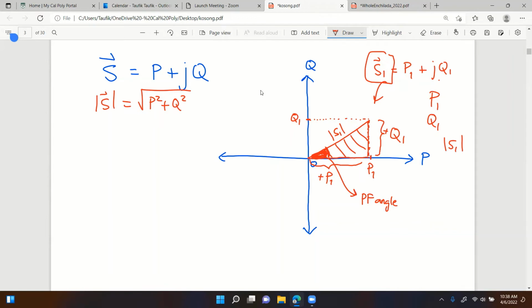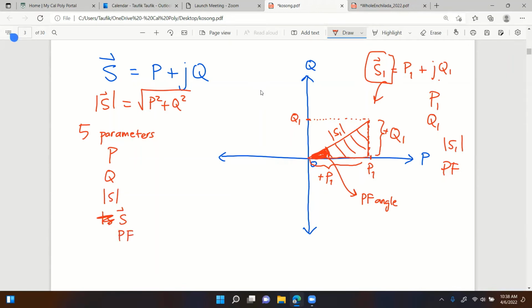So you can see why this is powerful. Once you know how to work with the power triangle, given any 2 parameters of the power triangle, you can get the other 3. The 5 parameters you can get from the power triangle are average power, reactive power, apparent power, complex power, and power factor.